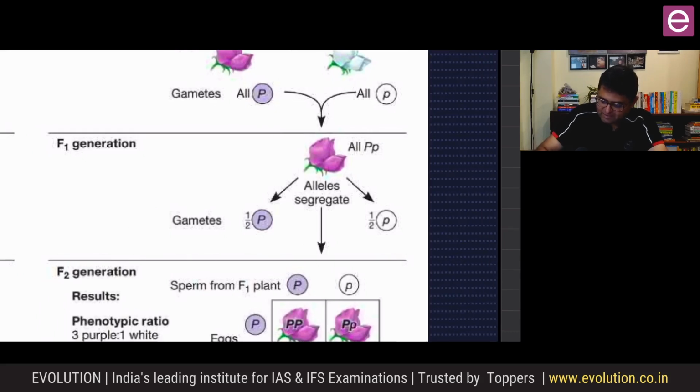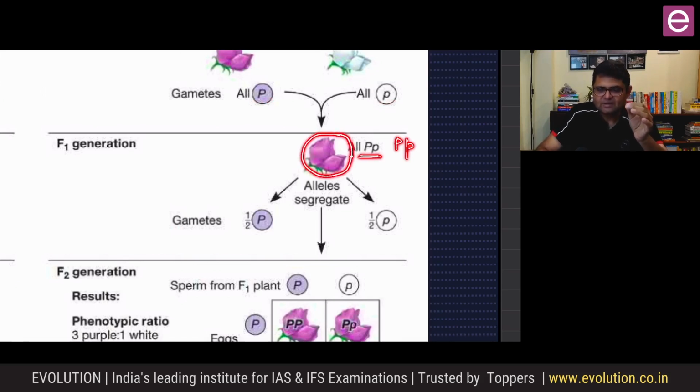Now, this gamete unites with this gamete, correct? Both these gametes have united, and then the next generation is heterozygote. So it has got one of this allele, one of this allele. And they all had purple. And that gave Mendel an idea of dominance.